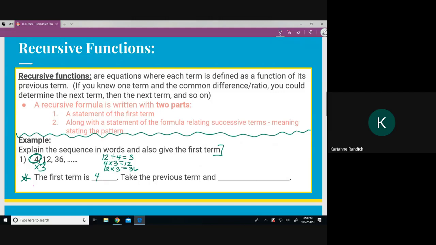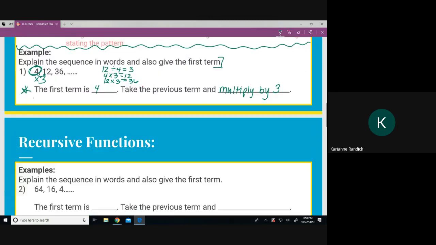The first term is blank. So the first term is 4. Then you're going to take the previous term and, well, what do we do? We multiply by 3. And that's putting it in words. The first term is 4. Take the previous term and multiply by 3. So then that tells me if I were to write it, I know to start at 4, times 3, write 12. Times 3, write 36.